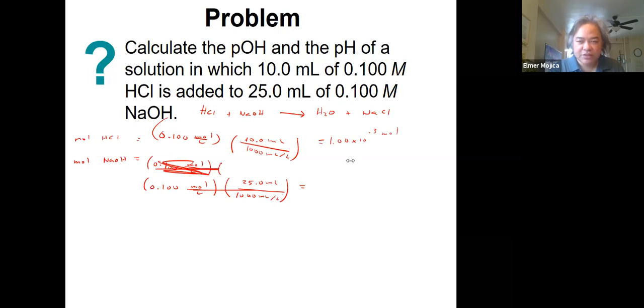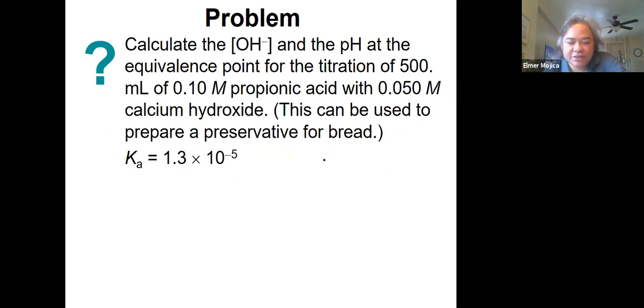And you get here around 2.5 times 10 to the negative 3 moles. So which one is limiting? Okay, so the limiting is this one. So what does this mean?